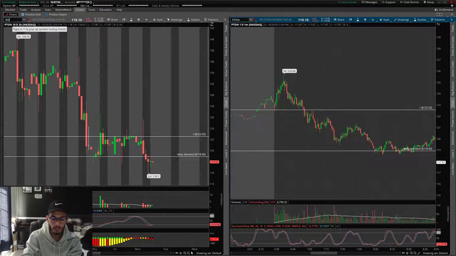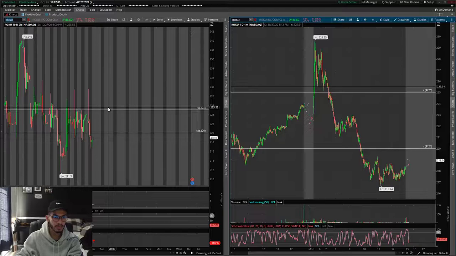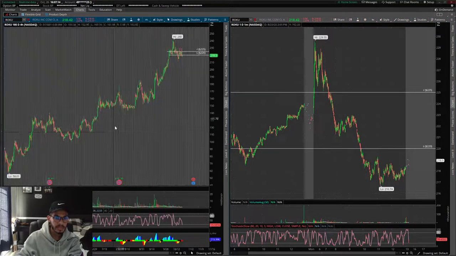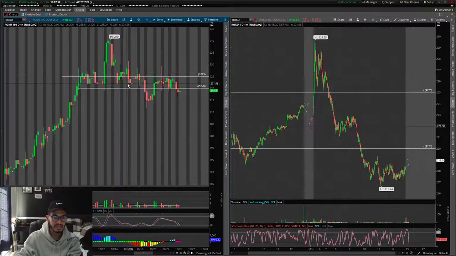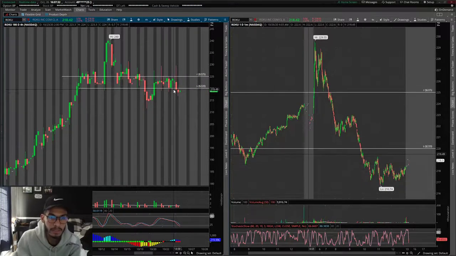I want to go over Roku and Netflix with you guys because I had also drawn some ranges. So Roku has been consolidating for a while now. You guys can see this range here. In this little range from about October 22nd up until the 26th, I was looking for a break above or below 225 or 220.